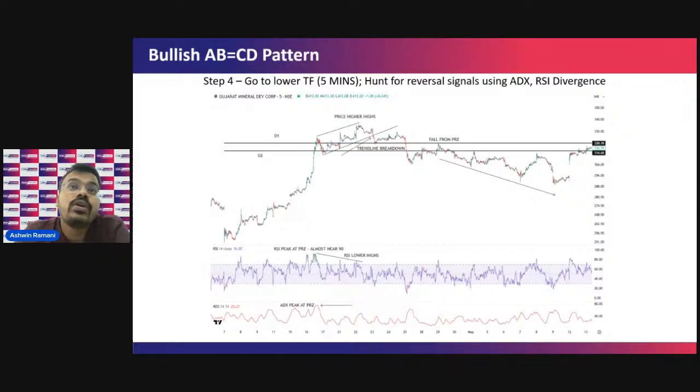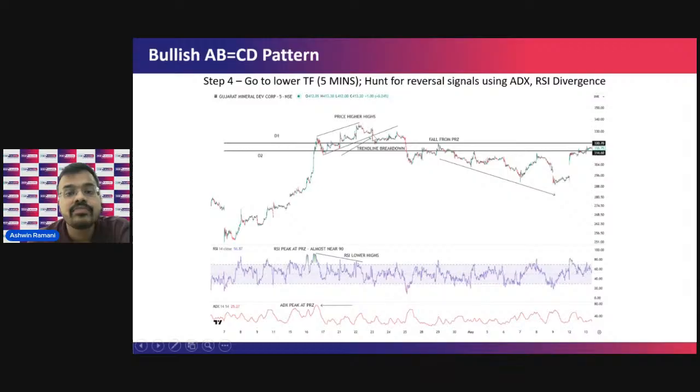16 को आया, but 16 को अगर रिवर्सल मिल जाता, then it would have been good, but there was no reversal. But yes, there were signs of reversal on 16. If you see, RSI was almost at 90, ADX was almost peaking out. So we know for a fact that ये जो uptrend है वो थोड़ा सा अभी strength, शायद एक reversal was on the cards, but it got confirmed when we had an RSI divergence and then when we got a trend line breakdown.